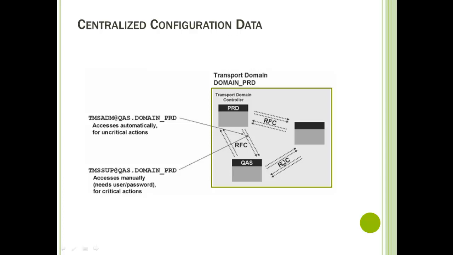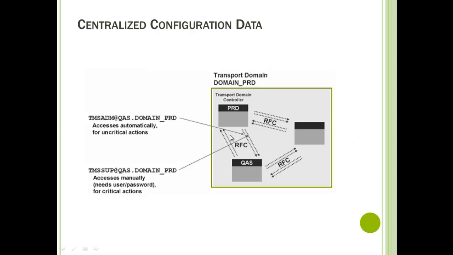We have to be very clear about this. The transfer of objects by the transport management system works at the OS level. The RFC communications between the systems are used to transfer the configuration settings within the landscape.